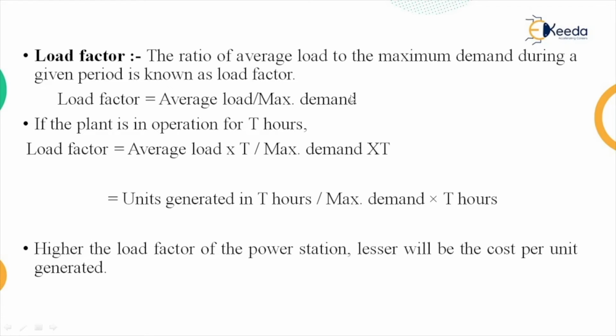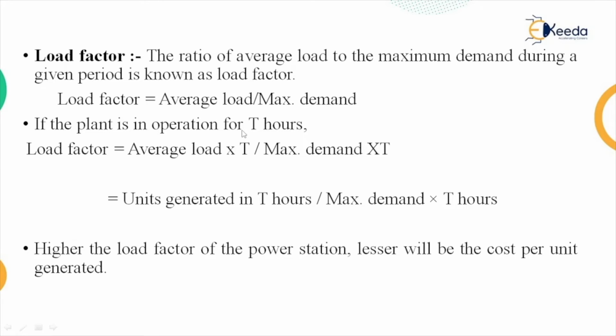Then load factor: the ratio of average load to the maximum demand during a given period is known as load factor. Load factor is equal to average load upon maximum demand.